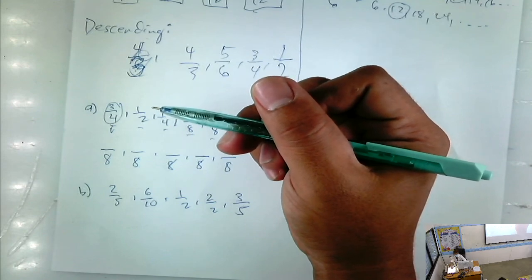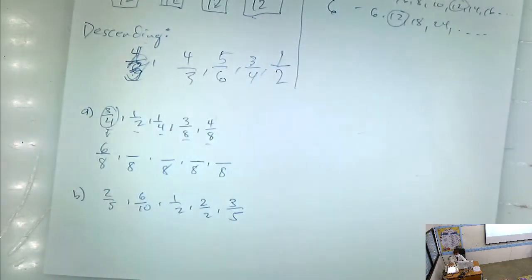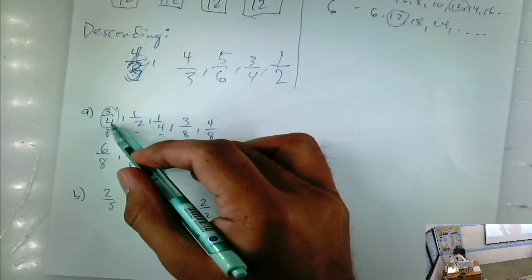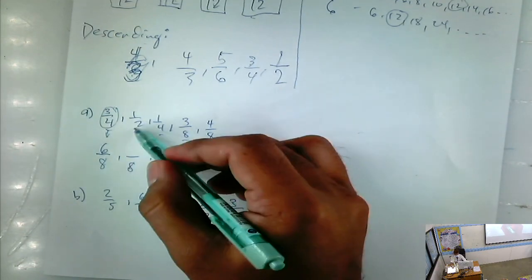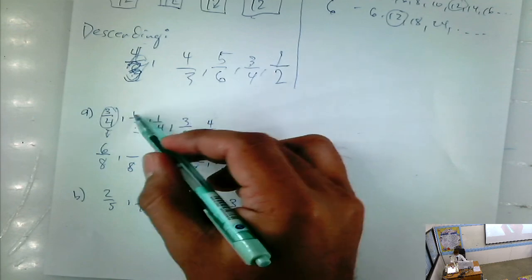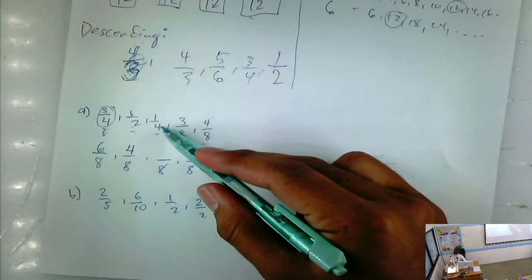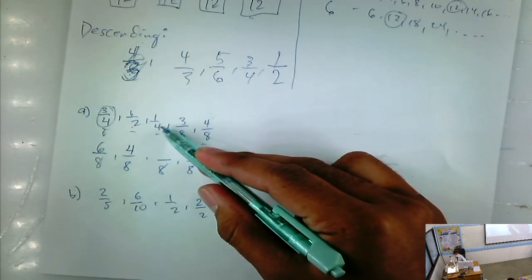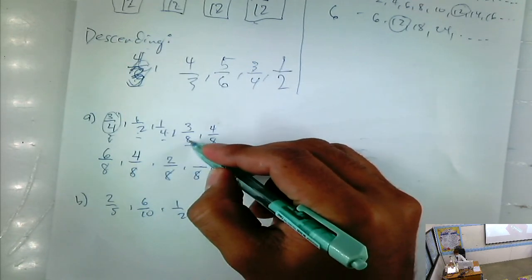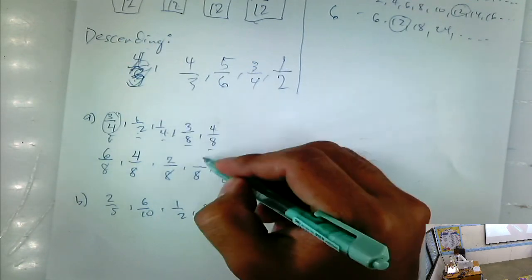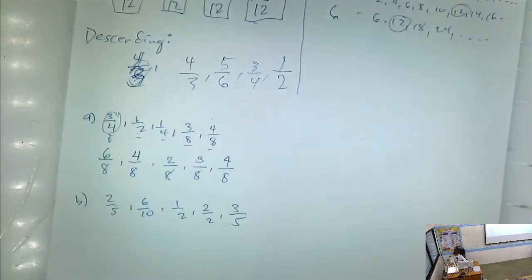Equivalent fraction of 3 over 4 with the denominator 8, that is 6 over 8, okay? 8 divided by 4 is 2 times 3, this is 6. How about this one? 8 divided by 2, 4 times 1, 4. 8 divided by 4, 2 times 1, 2. 8 divided by 8, 1 times 3, 3. 8 divided by 8, 1 times 4, 4.